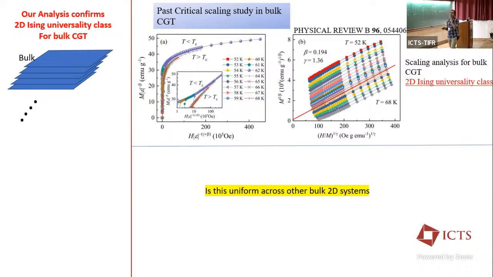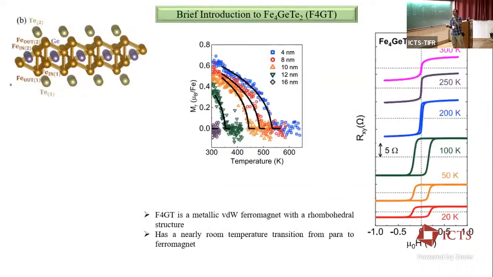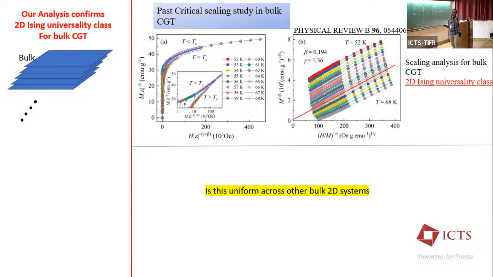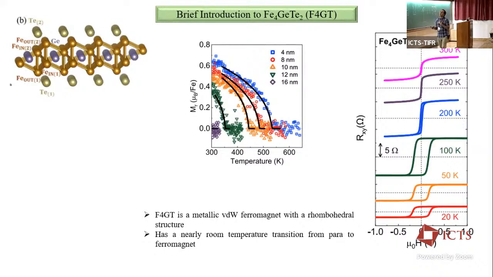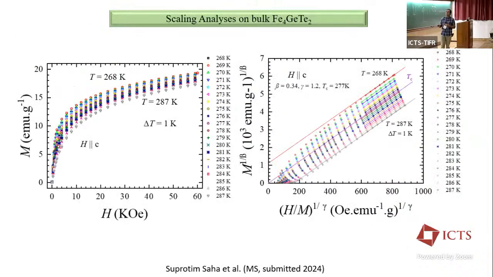Is this sort of critical scaling analysis uniform across other 2D systems? Just an aside, we looked at CGT and showed it was 2D Ising like. If you take bulk FGT, another very cleavable ferromagnetic system, you can do the same analysis across a transition temperature in this system, which is very close to room temperature, and that is why this is also very important for room temperature applications and devices.